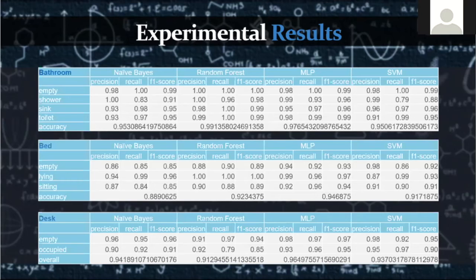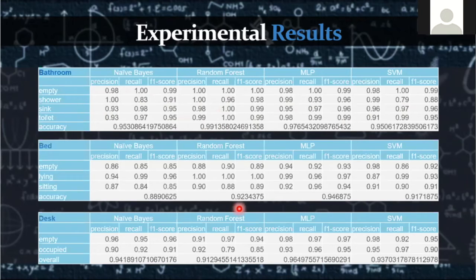For the bathroom case, the random forest always gives the highest accuracy of around 99%, followed by MLP at 97%. Among all the classes, the shower class always has the lowest recall, and all the classifiers tend to recognize the sink state as the shower state.